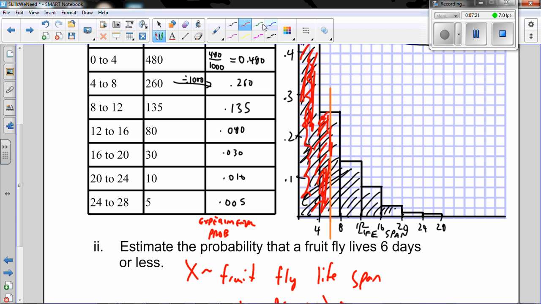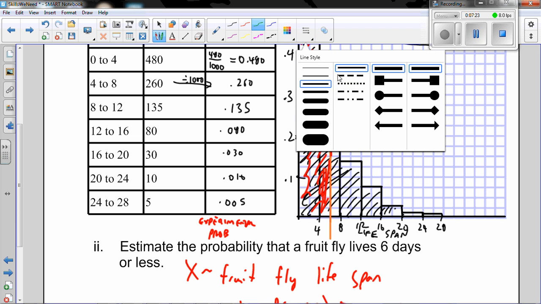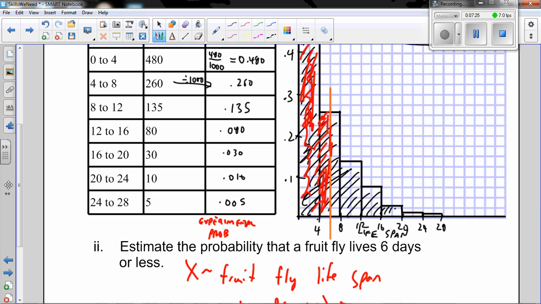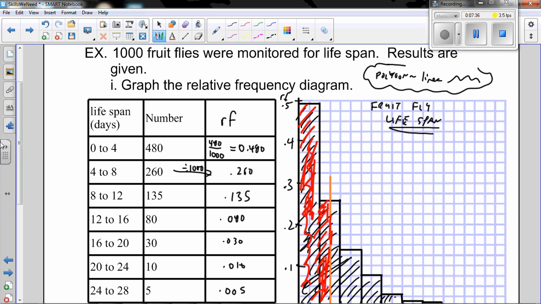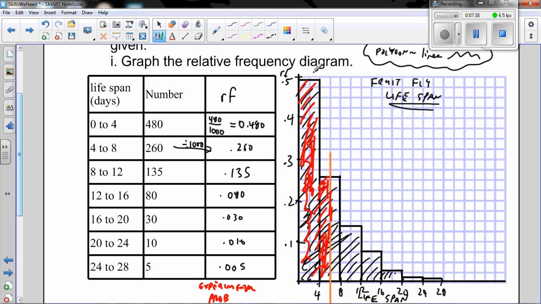What would it be like if we wanted to talk about theoretical probability? What about theoretical? Well, essentially, what we'd want is a theoretical graph that modeled this shape of distribution, right?